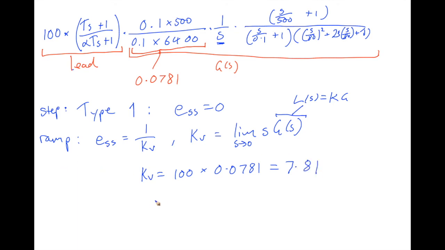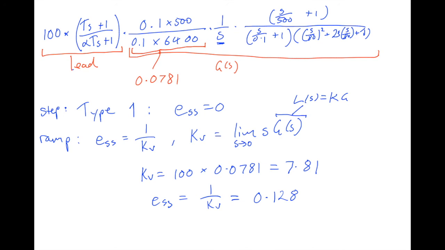And then if I compute the steady state error to just be 1 over that, in this case that is going to equal 0.128. So for a unit ramp input, the steady state response of the system will always be 0.128 behind the ramp.